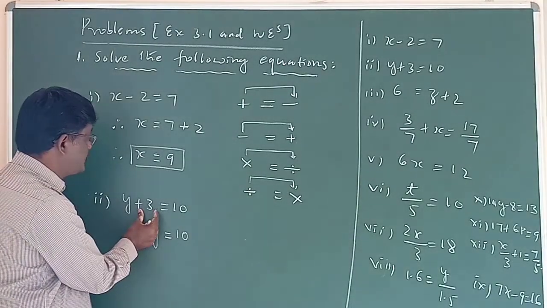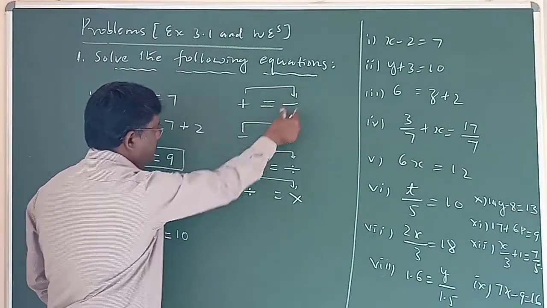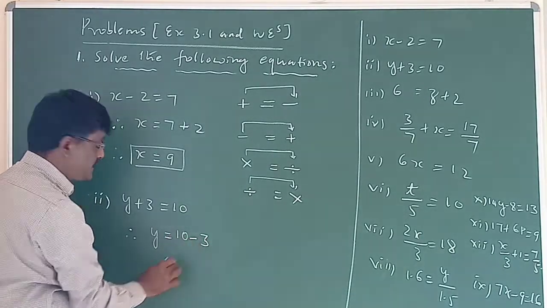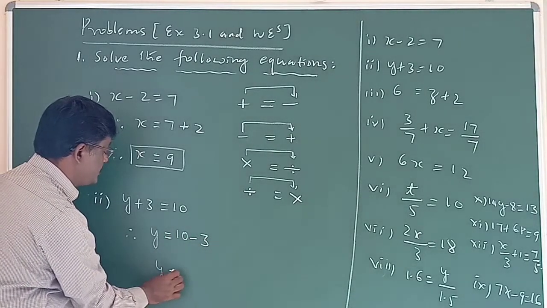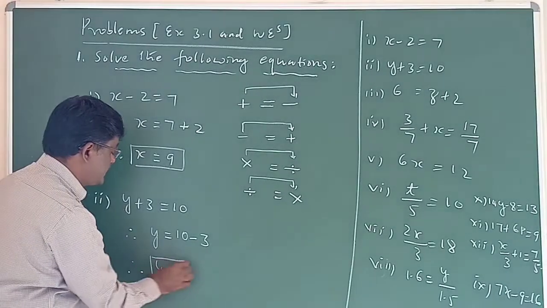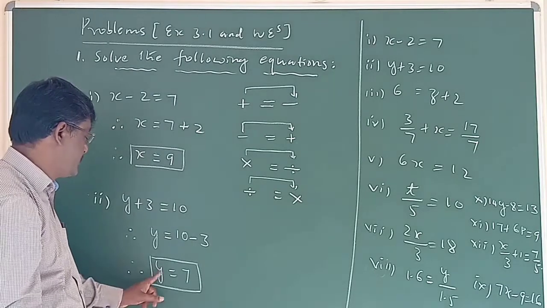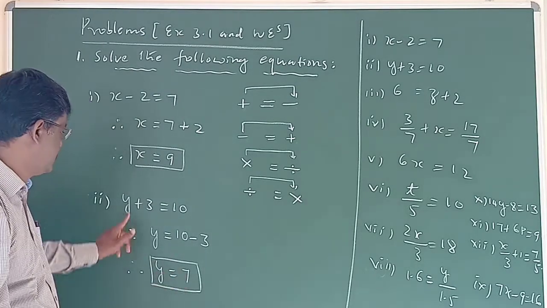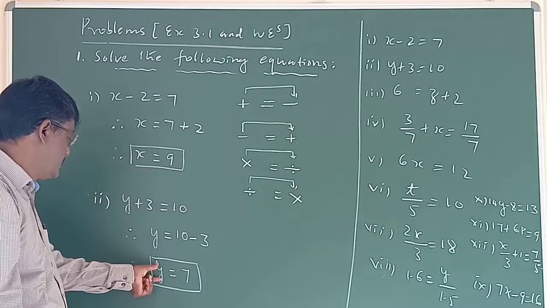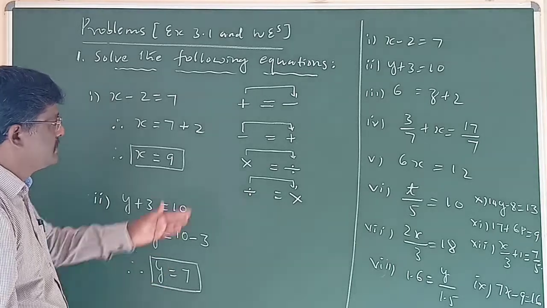Then send this plus 3: plus, when shifted to the right, becomes minus. When signs are different, we find the difference and put the sign of the greater number. Thus, the solution of y is 7. Let us check: 7 plus 3 is 10, and the right side is 10. So there is no doubt at all, this is the correct solution of y.